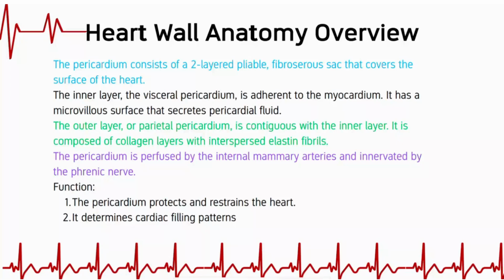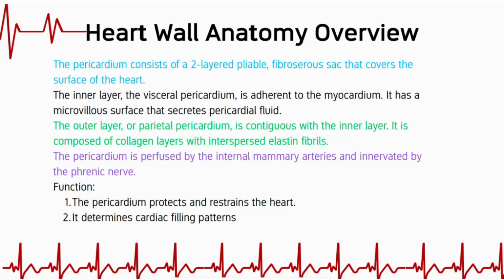Within the middle mediastinum, where the heart is situated, it is connected to the sternum through the sternopericardial ligament. It has a couple of functions, but these are the important things for this particular class. So, inner visceral pericardium, outer parietal pericardium.